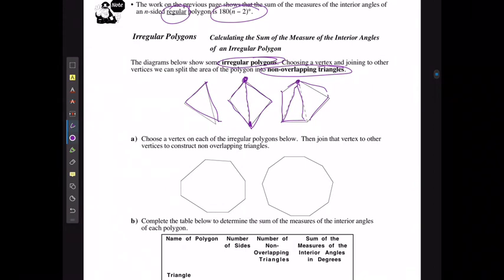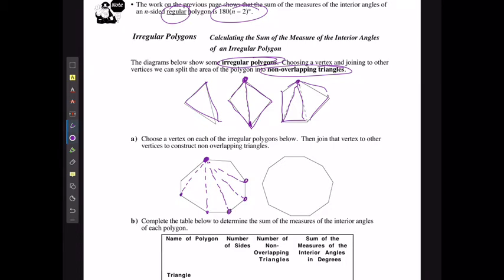So let's do the same thing here. We're going to start at this vertex, and we're going to say, okay, well, I can draw it to this vertex, and I have 1 triangle. Down here, and I have 2. Down here and I have 3. Over here and I have 4. And over here I have 5.